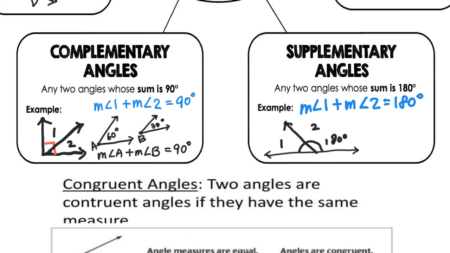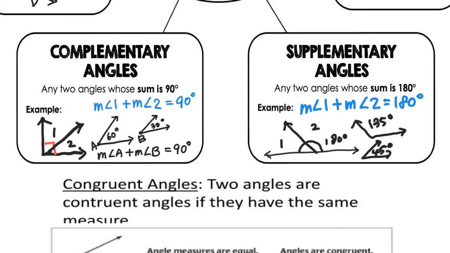So measure of angle 1 plus measure of angle 2 equals 180 degrees. And same as complementary angles, we can have two separate angles. So let's say we have one that's a degree of 135, and then let's say I have a degree of 45.